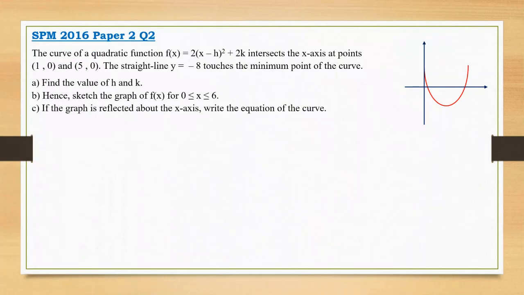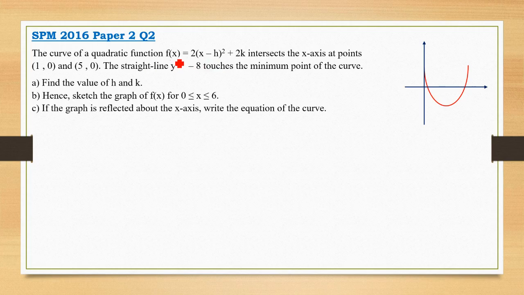This is the last time a question about quadratic function was in SPM paper 2, in 2016. After 2016, there wasn't any question in paper 2. So if there's a chance to have a question, you might have a few parts, and it mainly comes from quadratic function.